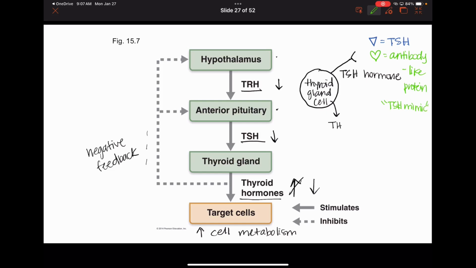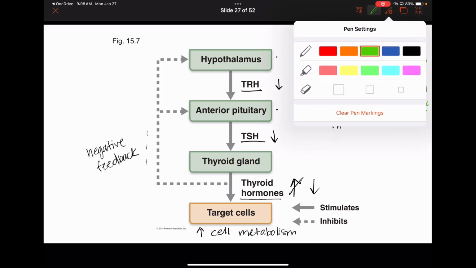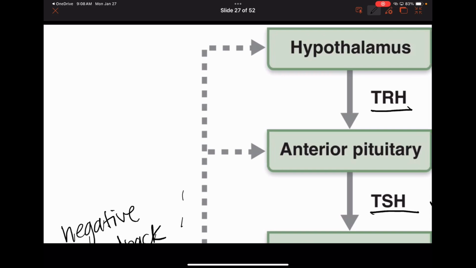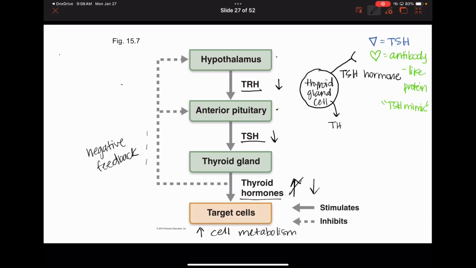So what Graves' disease is, is that it happens during an infection. So I'll write over here, Graves' disease. Happens during an infection. So you get an infection.